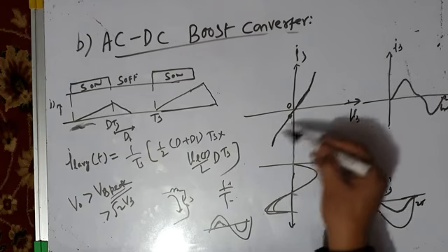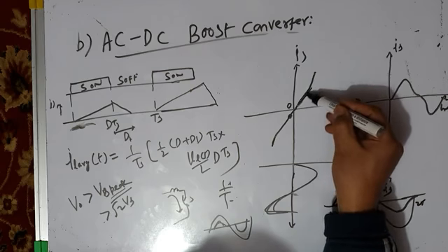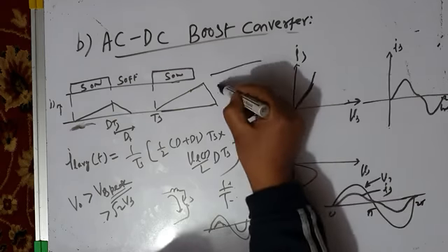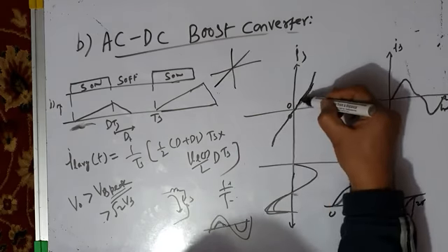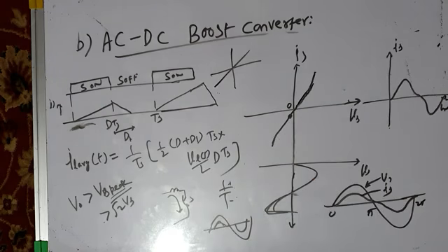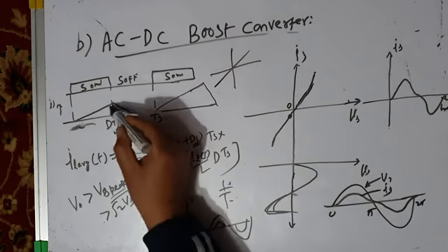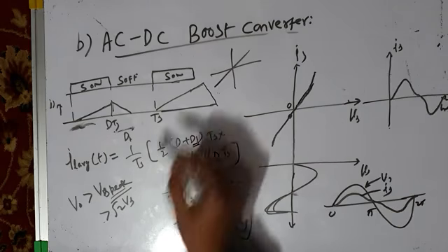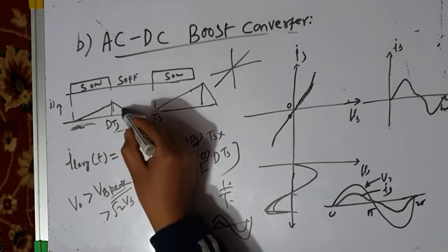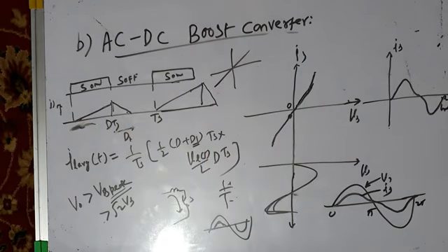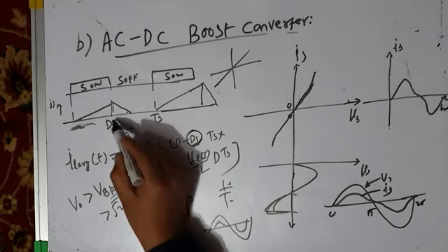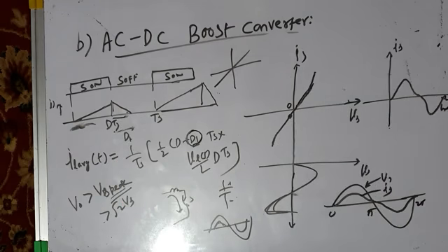But you can see there is a slightly non-linear relationship. I mean, your current would be perfectly linear, an exactly straight line, but it is straight at first and then deviates a bit. It is because of this inductor current discharge. If the inductor current became zero right here, but it first charges and then slowly discharges. And because of the presence of this D1 period, there is some non-linearity in the current. No doubt the source current is in phase with the voltage. It gives almost unity input power factor, but it is not perfectly sinusoidal. It is sinusoidal, but not a perfect sinusoid, but it is still better than the buck converter.